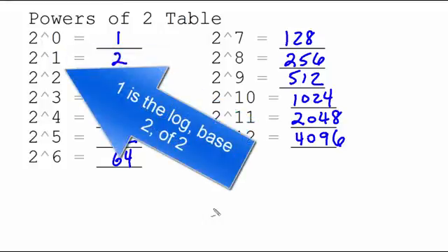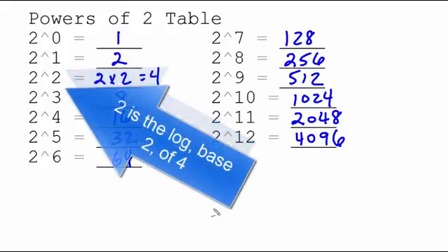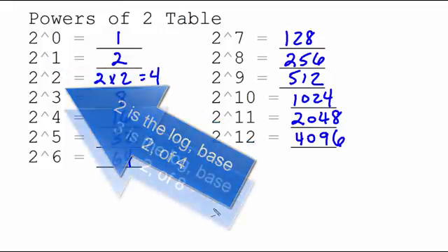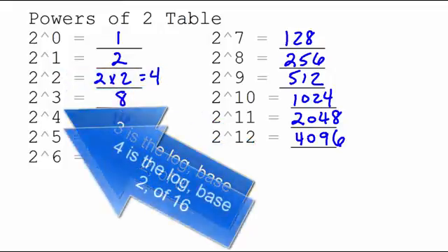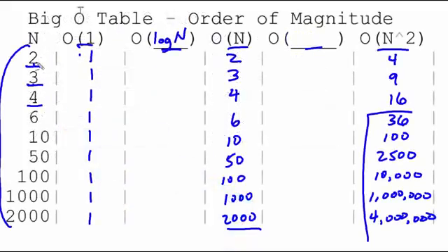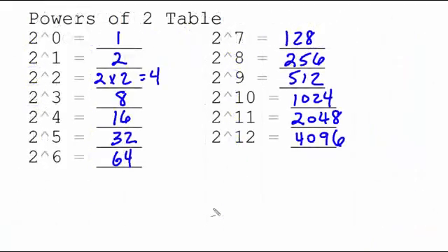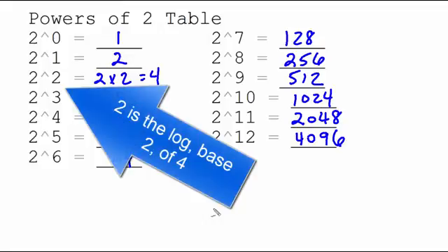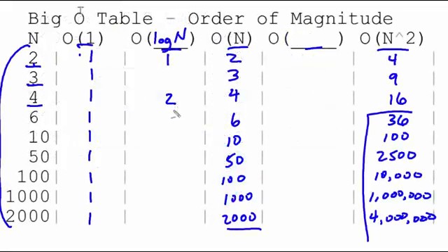And so what we want to know is, what is the exponent that we used to get this value? Well, the power of 2 exponent to get 2 is simply 1. So the log of 2, base 2, is 1. If we skip to the 4, the log, the exponent, using 2 as a base to get 4, is 2.